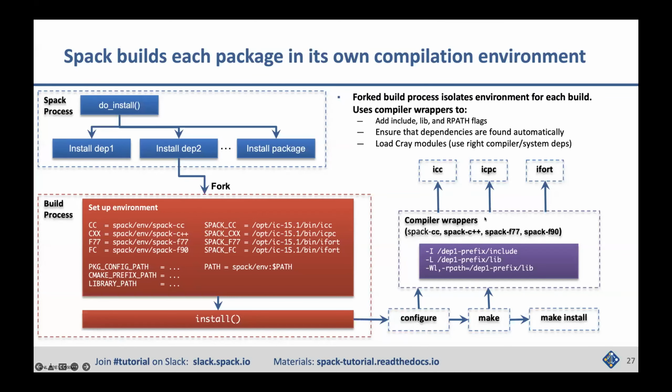You can omit some of them because of the wrappers. Because we inject this RPATH, the libraries are created in a way that they point to their dependencies. And that persists throughout the build process until we finally install the libraries. And that's how we make sure that they know about the connections in the graph.